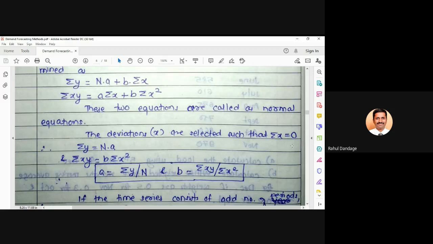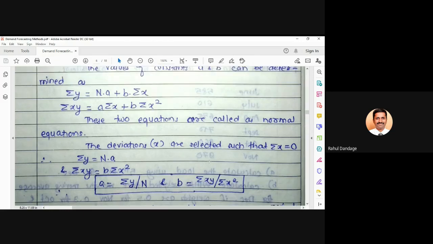Similarly, substituting summation x equal to 0 in the second equation, a into summation x becomes 0, so summation xy will be equal to b into summation x square. Rearranging again, the value of the constant b is summation xy divided by summation x square. So these are the two important formulae.